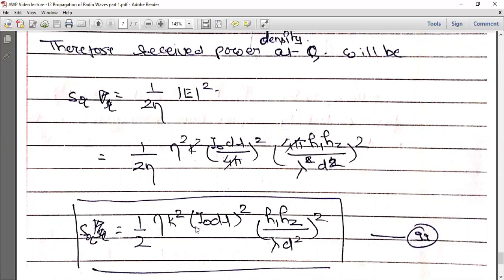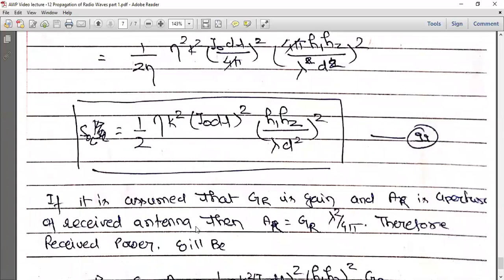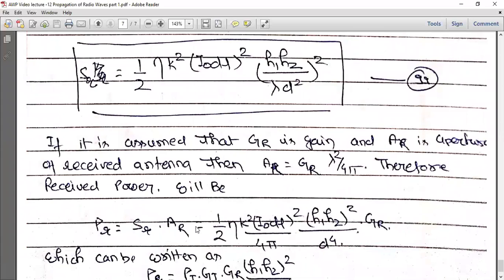Once we have this power density, we can find the received power simply by multiplying this power density by the aperture of the receiving antenna. What will be the aperture of the receiving antenna? The aperture of the receiving antenna can be written as gain multiplied by lambda squared upon 4 pi. When we substitute it, we get the received power as this particular expression.